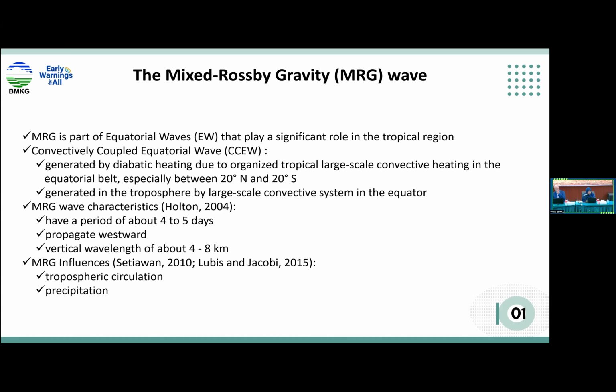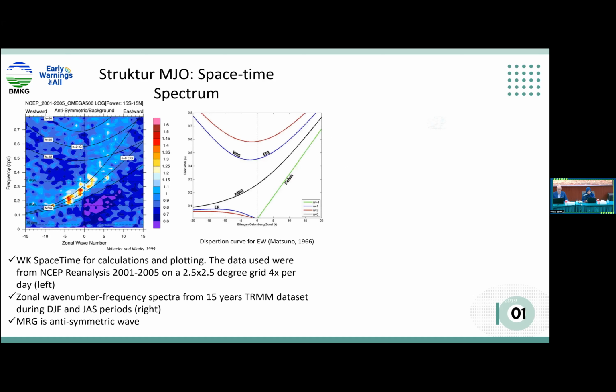From the papers by Setiawan in 2010 and Lubis and Jacobi in 2015, MRG has influence in the tropical region, especially on tropospheric circulation, and it also influences the precipitation characteristics in the tropical region.